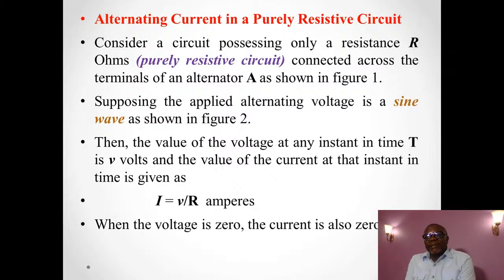Now, supposing the applied alternating voltage is a sine wave, as shown in Fig. 2, then the value of the voltage at any instant in time, t, is V volts, and the value of the current at that instant in time is given as I equals V over R amperes. That equation represents the Ohm's law we've been talking about in our past lectures. Now, when the voltage is zero, automatically the current is also zero.